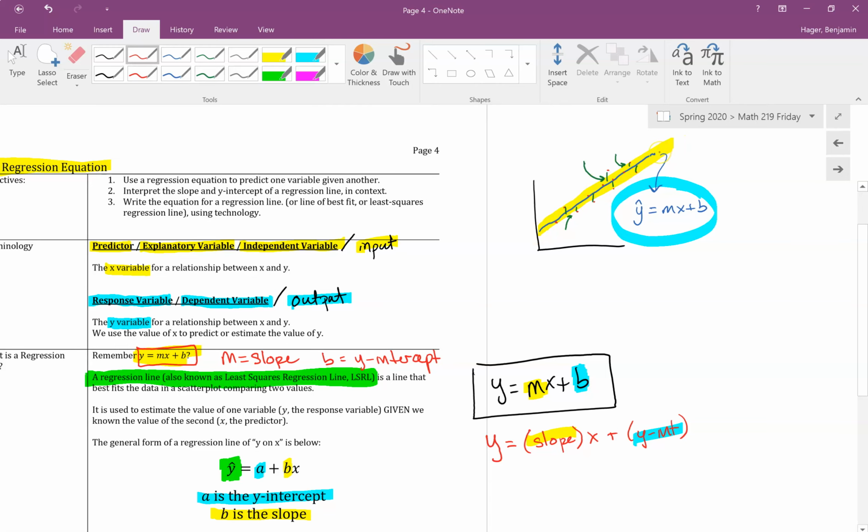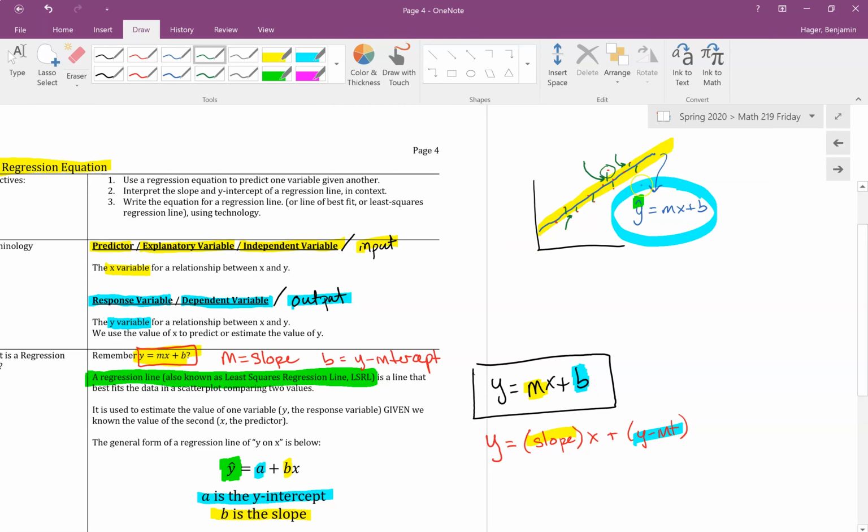This line is approximating the data points, and to symbolize that it's an approximate linear equation for that relationship, we use the hat symbol. If you do not use the hat symbol, like here, then you are implying that this formula dead on generates all of those data points, and every single one of those data points should work in the equation. That's not going to happen for our approximating line, right?